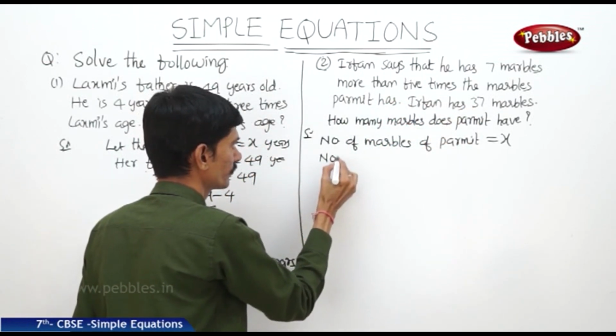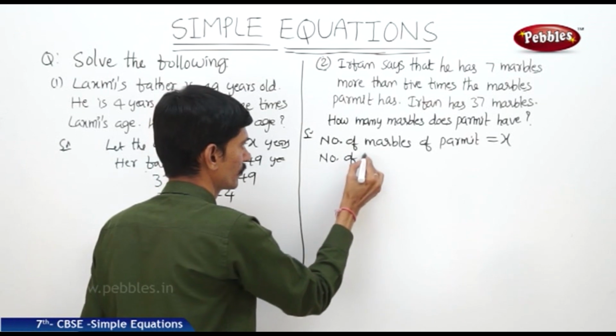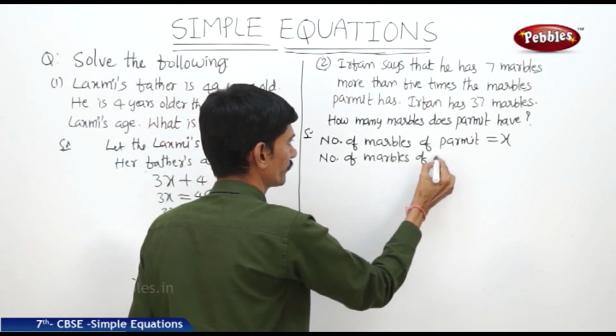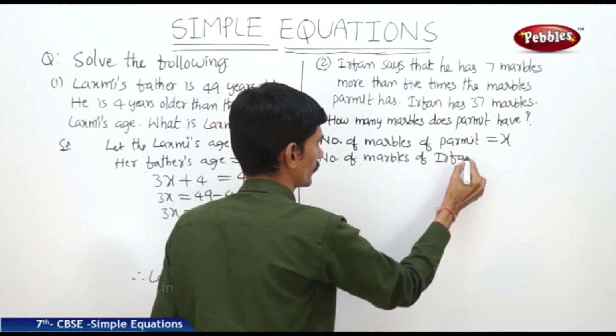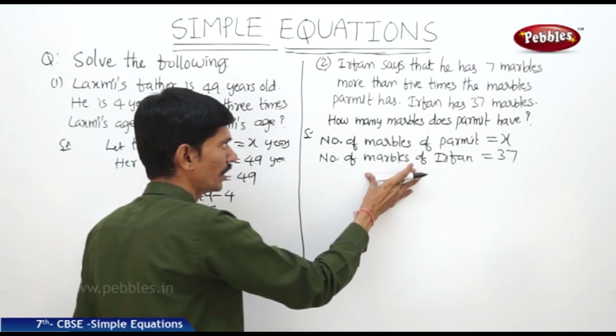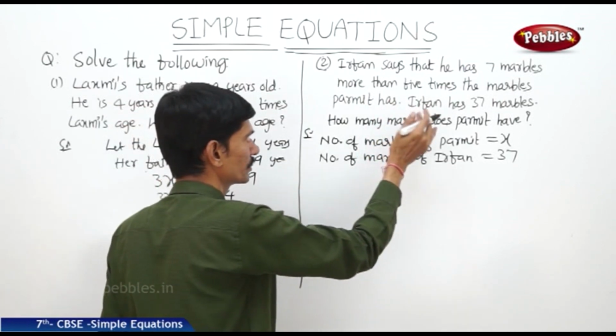Now the number of marbles of Irfan equals 37. But this is given as a condition in the question.